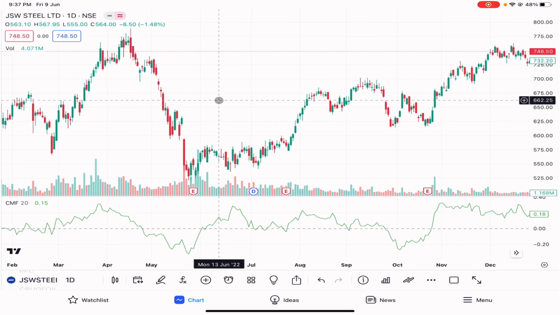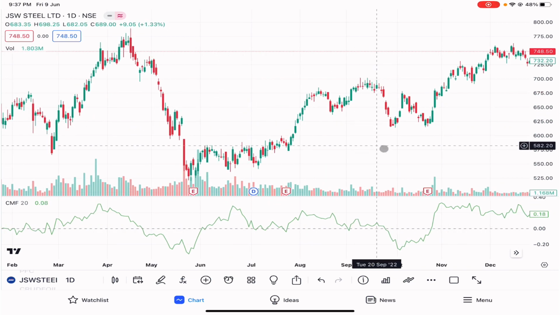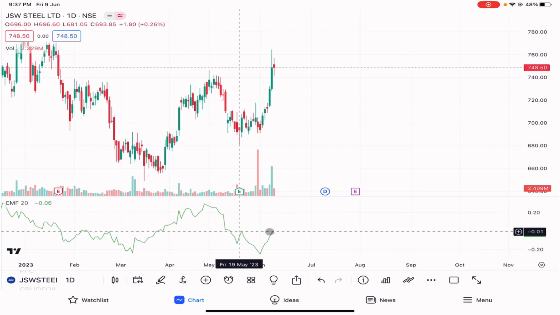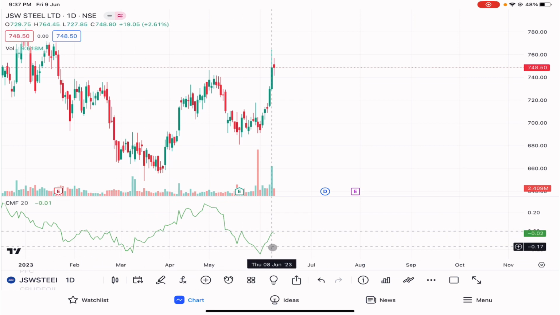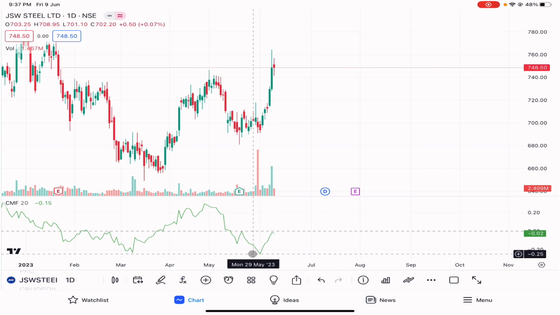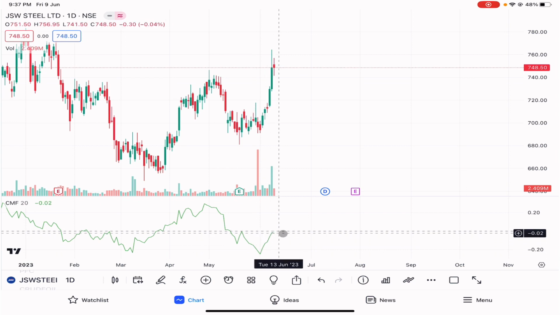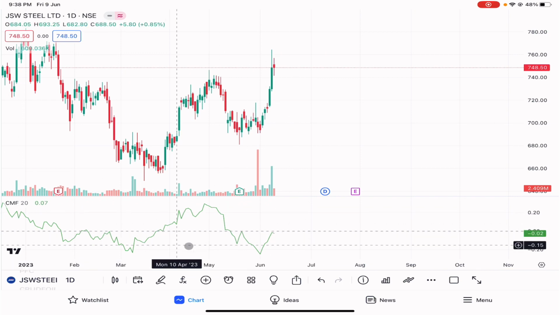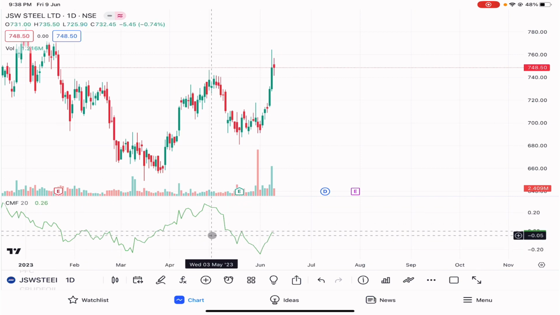So how do people basically use Chaikin's money flow? There is a middle line, and whenever it is above the middle line, they say that it has high volumes. Whenever it is below the middle line, they say that it's having low volume. And whenever the CMF is near to the line which is 0, people say that it is in a consolidation range.